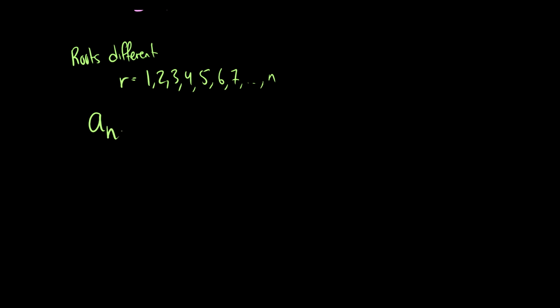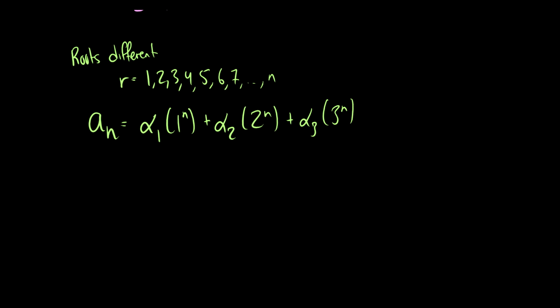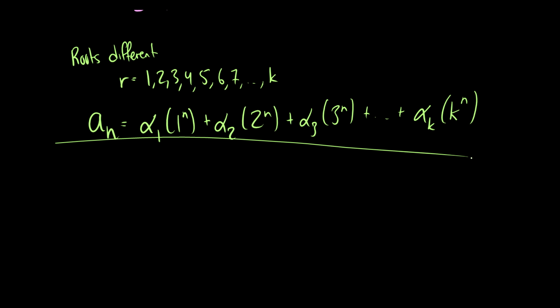Then our solution is going to be of the form alpha 1 times 1 to the n plus alpha 2 times 2 to the n plus alpha 3 times 3 to the n, all the way up to some number alpha n times n to the n. I probably shouldn't have picked n for this, so I'm going to pick k. Goes all the way up to number k. Okay, that's a little bit nicer. Okay, so that's when the roots are different. This is going to be the form of your answer. Then you're going to have to solve a lot of equations to get your result.